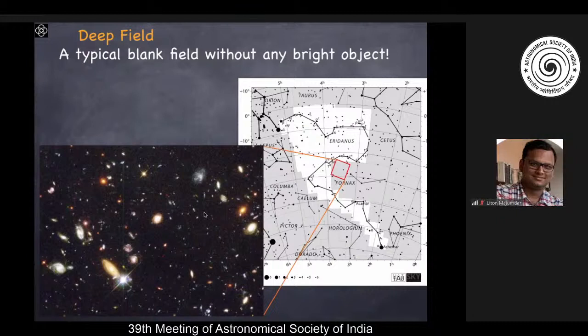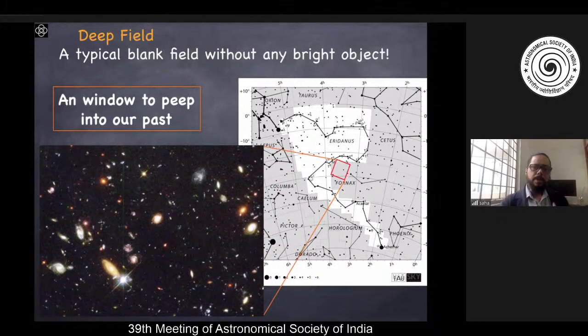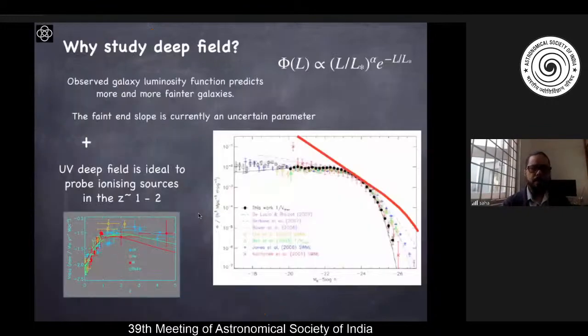So in some sense, basically, we want to look into the past, because you go to fainter and farther and farther away. There are various motivations one can have to study the deep field. Two of the motivations which I like and want to present here: as you know, the observed galaxy populations follow a luminosity function, and the interesting part is the fainter side.